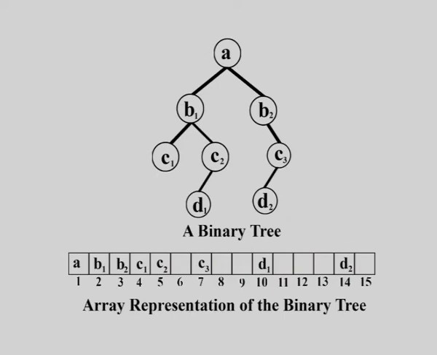It is to be noted that in the sequential representation of the binary tree, many array positions have null values. As in this figure, there are 7 vacant positions in this array. So, this array representation is efficient only when binary tree is complete binary tree in which all the levels of the tree are full, and hence there will not be any vacant position in the array.